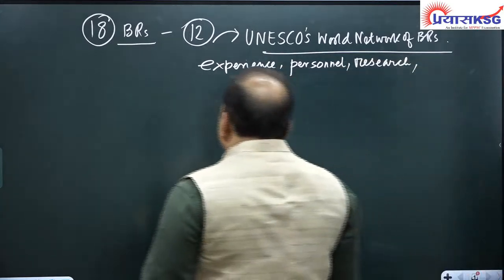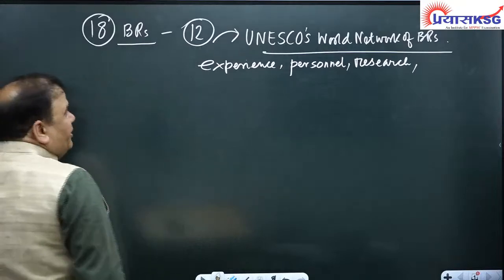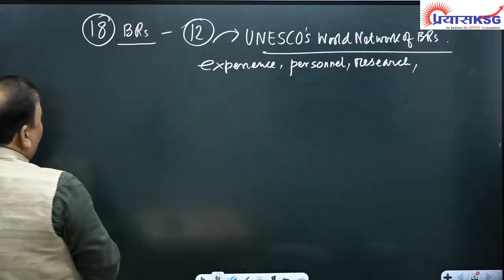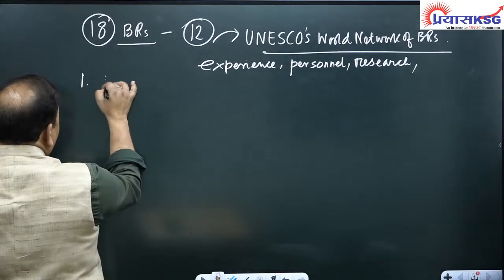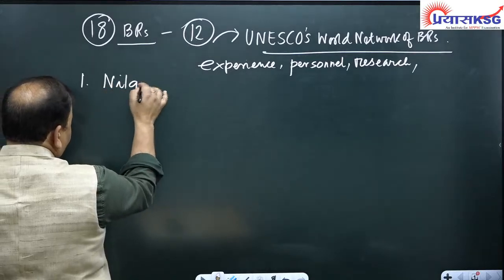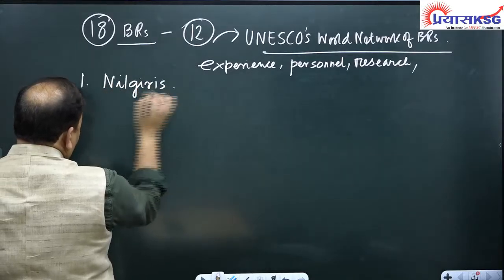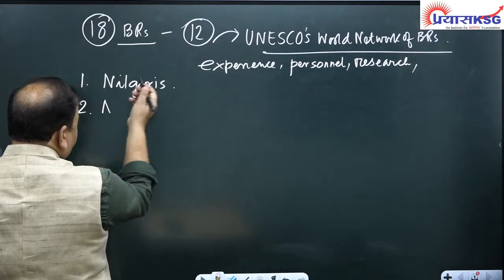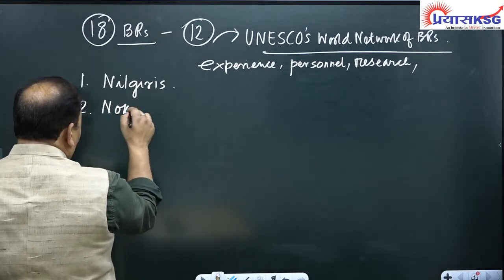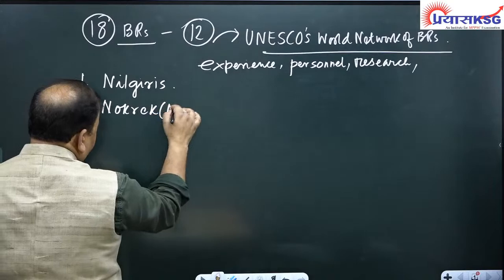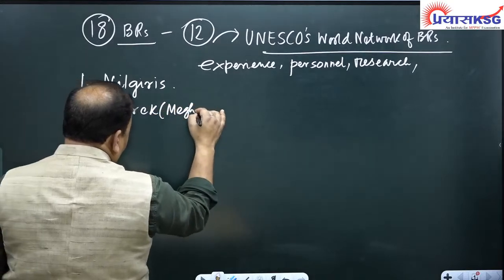We can see that 12 biosphere reserves have been added, 12 out of 18. Now, first is Nilgiris. Second is Nokrek, which is in Meghalaya.